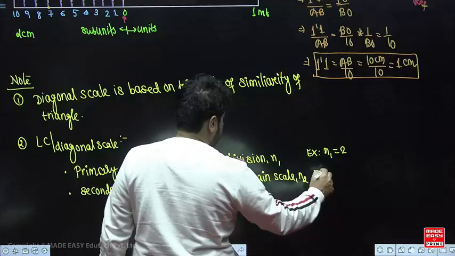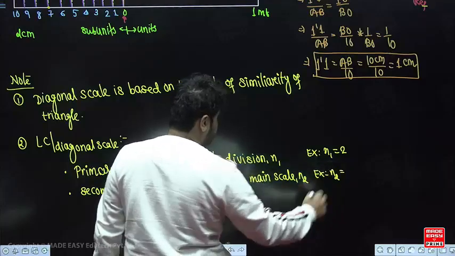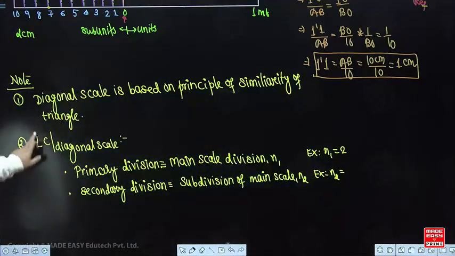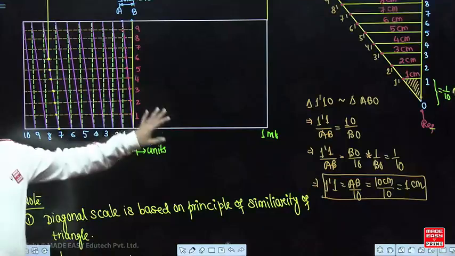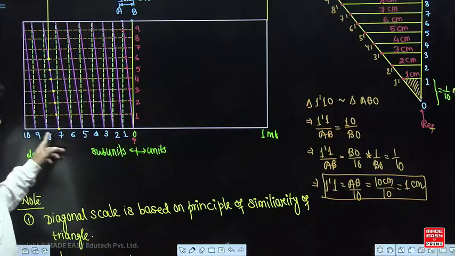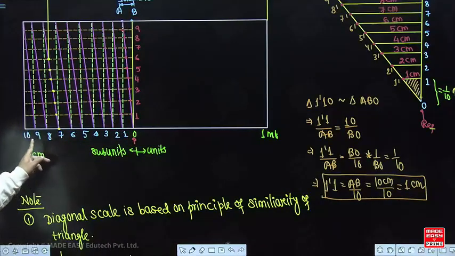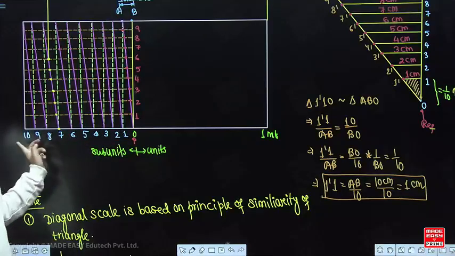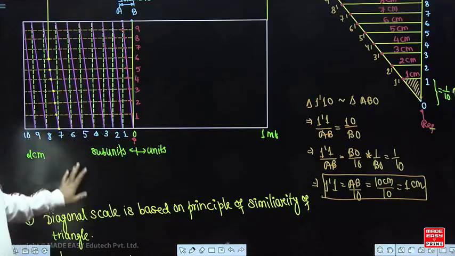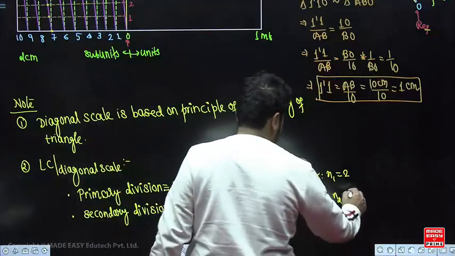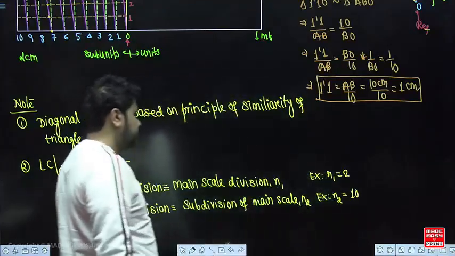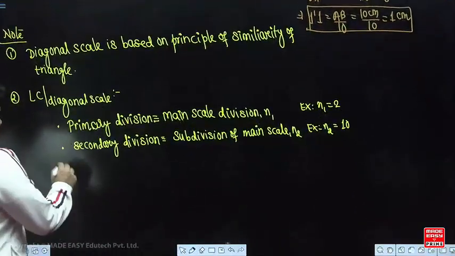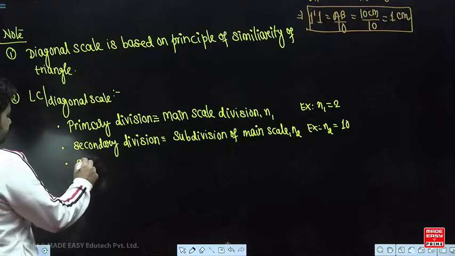So if I ask you, as an example, what is the value of N2? Subdivision of the main scale: how many divisions have you done? 10 divisions, right? So 0, 1, 2, 3 and up to 10. So the N2 value is 10, correct?